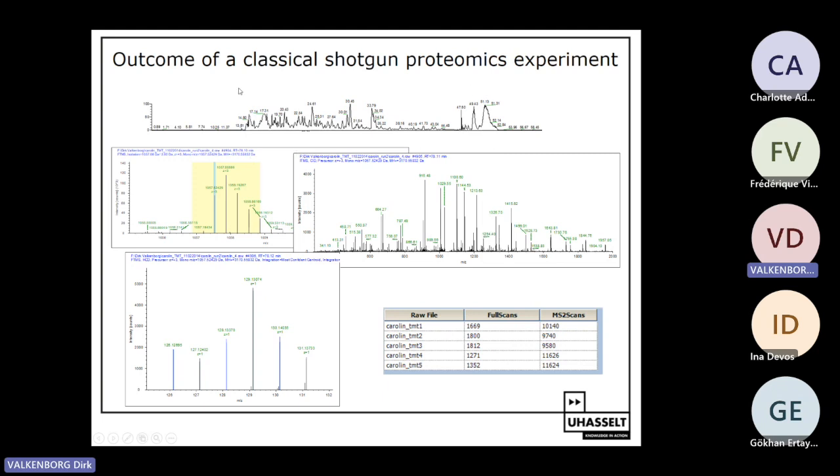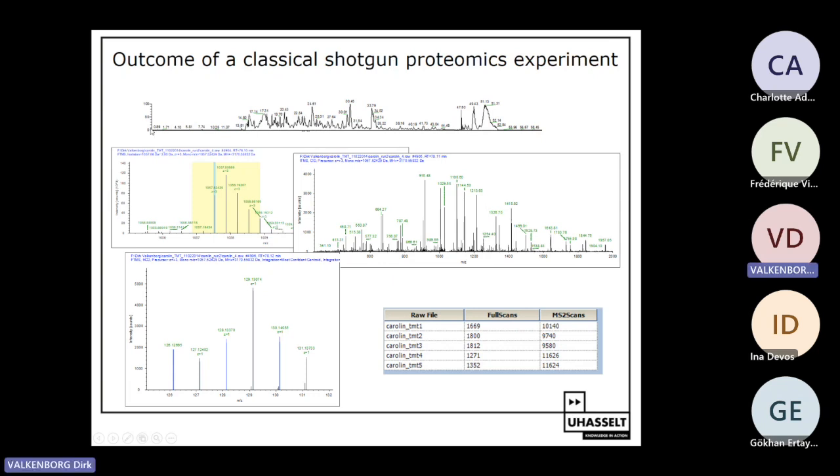So what you see here at the top, it is not a mass spectrum. No, this is a chromatogram. Typically, what you see here, these numbers in front, that's time. So this is a chromatogram of a run that lasts for 1 hour approximately.